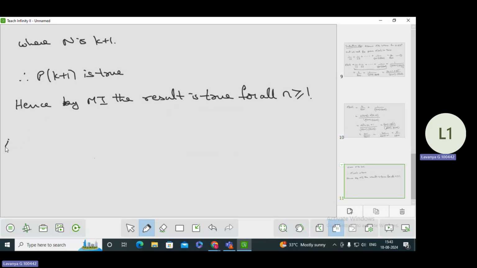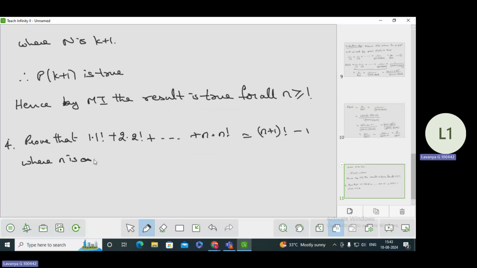So, example number 4. Prove that 1 into 1 factorial plus 2 into 2 factorial plus etc. plus n into n factorial equals (n + 1) factorial minus 1, where n is a positive integer.